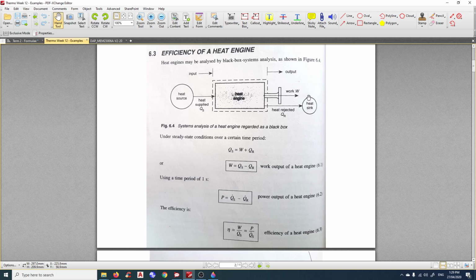There is work being produced, and heat being rejected to the heat sink. So we have essential items in the heat engine: a heat source, working substance, mechanical work or power output, working cycle, and heat sink.